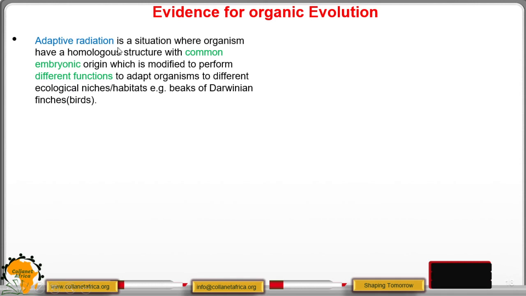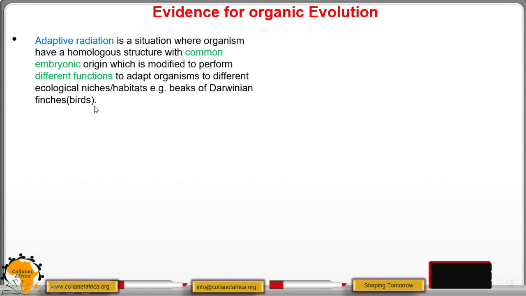Adaptive radiation is a situation where organisms have a homologous structure with common embryonic origin, which is modified to perform different functions in order to adapt the organism to different habitats. For example, beaks of Darwin's finches.